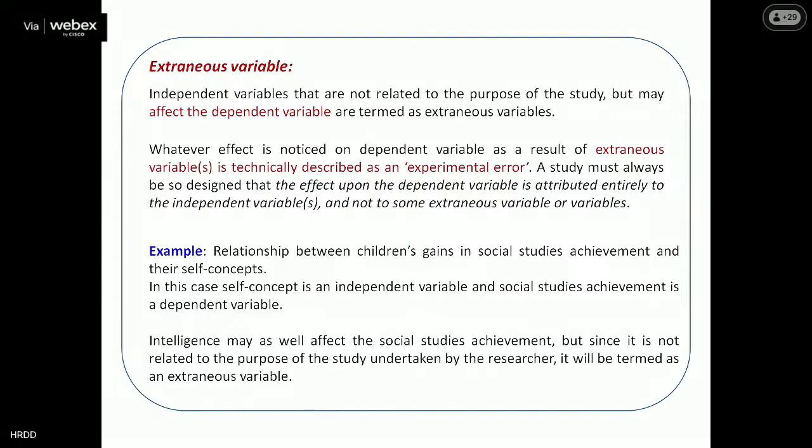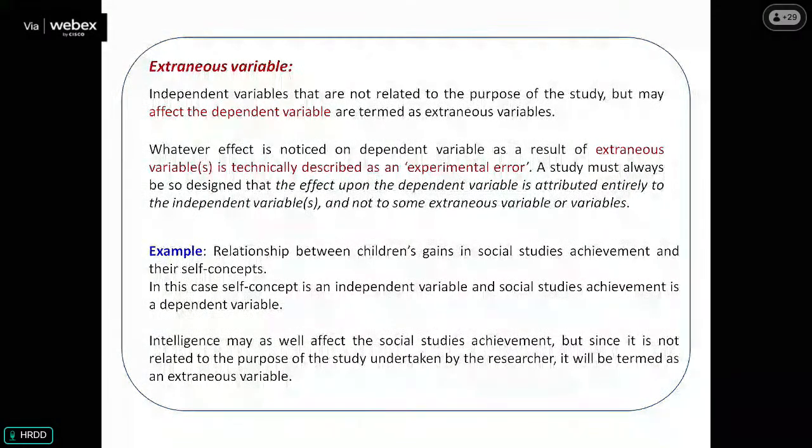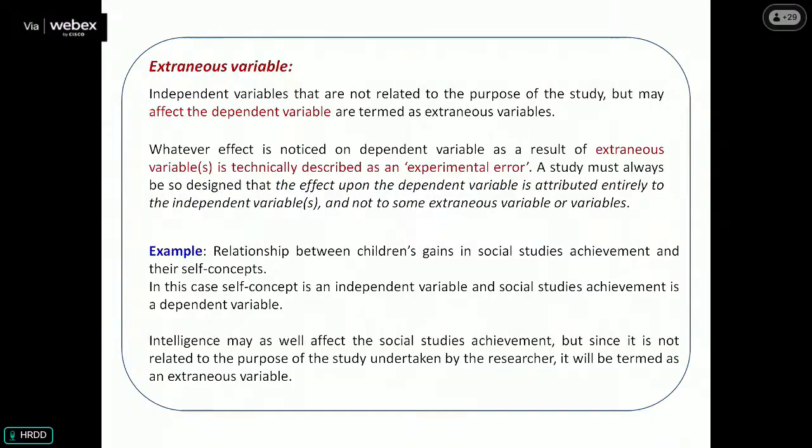The effect noticed on the dependent variable as a result of an extraneous variable is described as experimental error. If there is a modulation of the dependent variable because of an extraneous variable, which I am not concerned with, then an experimental error will arise.